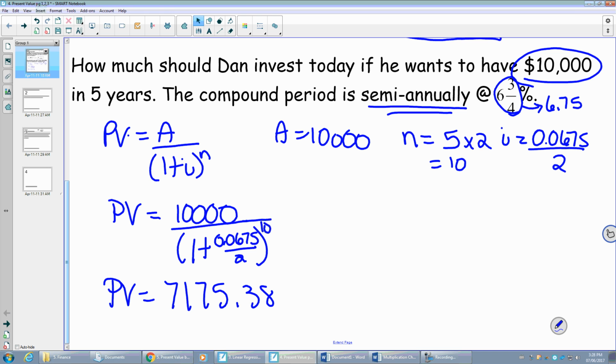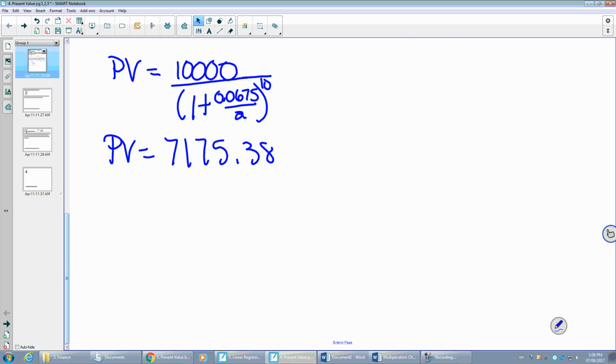Now I believe you have the question at the end. It says, how much interest will he earn? Okay, so interest again here is calculated by taking my final amount, subtract here my P, my principal, or in other words, my present value.